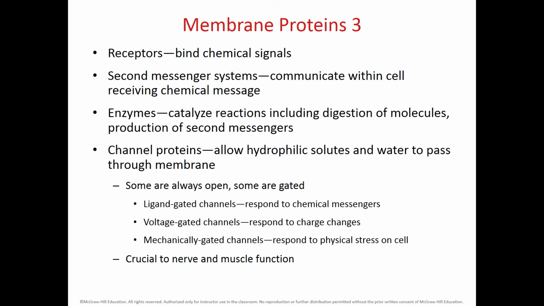Receptors bind chemical signals, and they can generate signals that can be amplified by second messenger systems. And the enzymes not only catalyze reactions that can digest molecules, but they can also produce these second messengers.